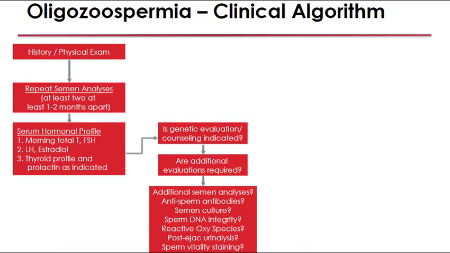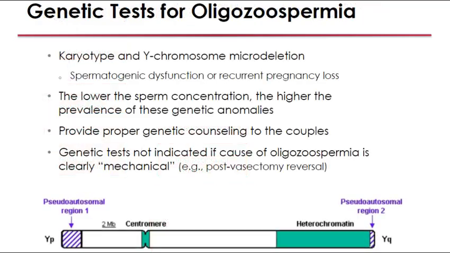Next, we'll consider if additional tests, such as a genetic evaluation, are indicated in a man with oligozoospermia. When severely impaired spermatogenic function is suspected, a karyotype and Y chromosome microdeletion analysis should be performed.